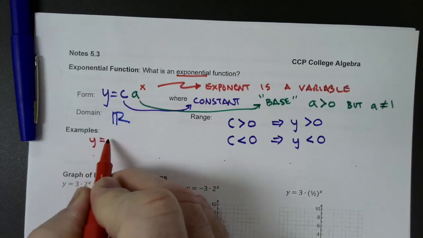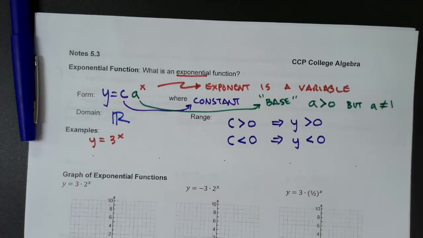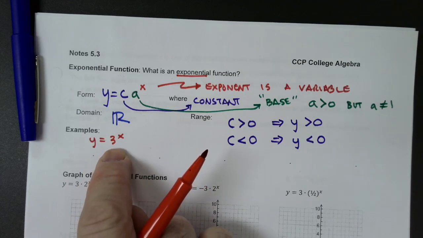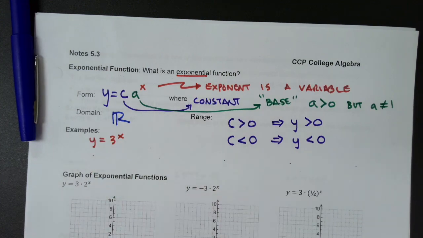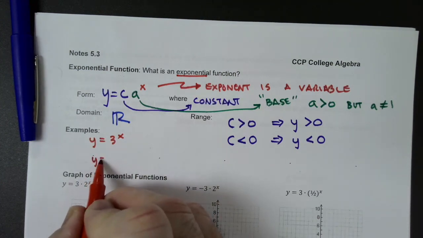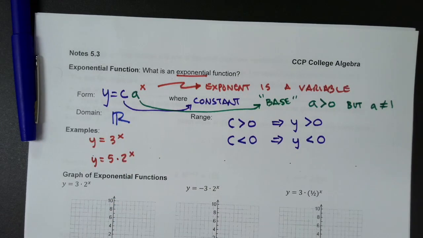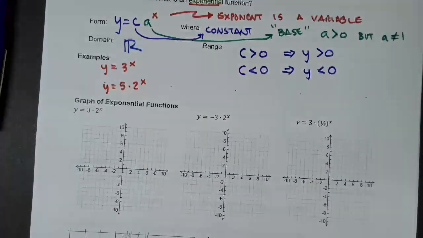It could look like y equals 3 to the x, where our c is 1, our a, the base, is 3. We could have y equals 5 times 2 to the x. c is 5, a is 2.